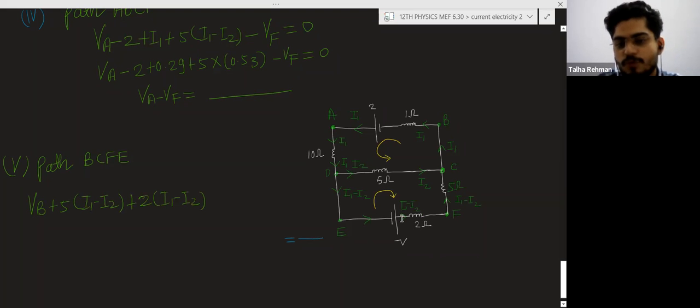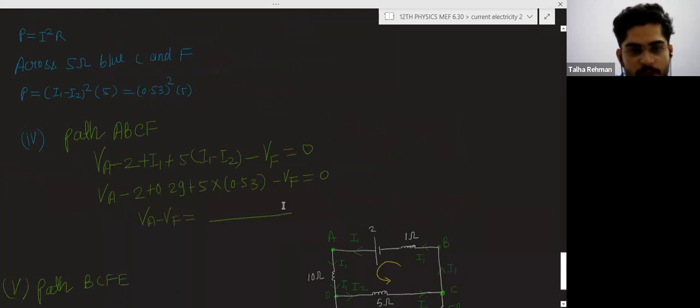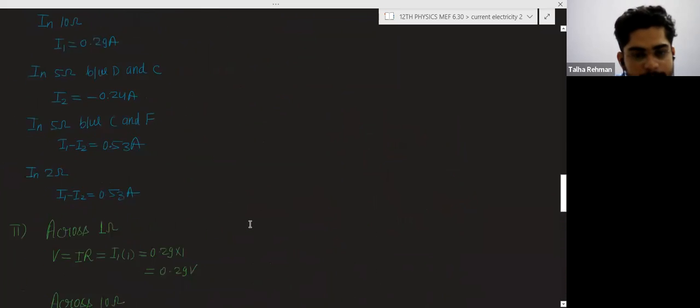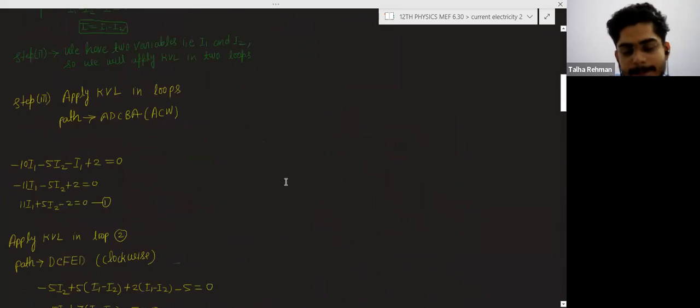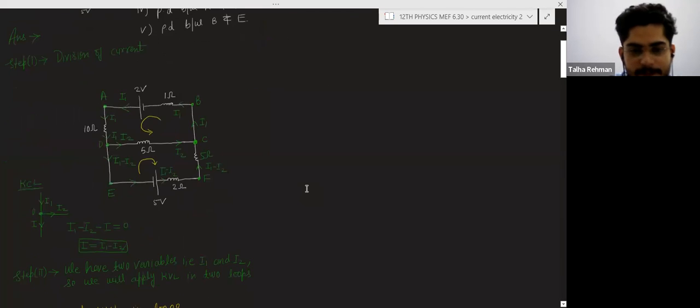Now we are moving in the decreasing potential direction. Is this diagram correct now? This is 5 volt. Okay, fine.